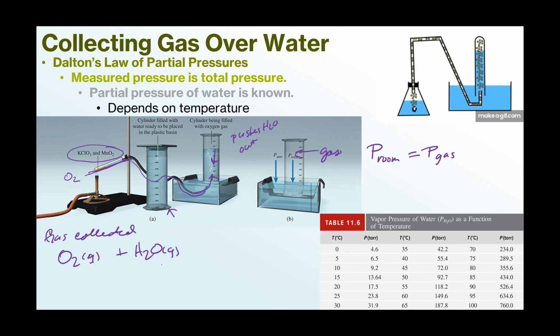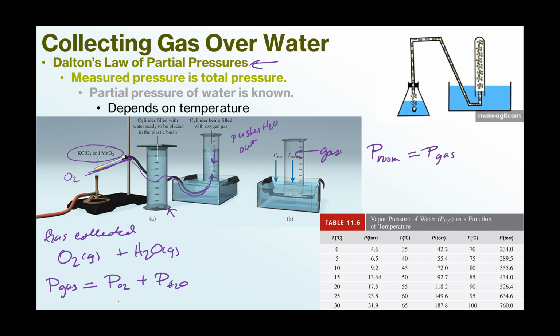So what we've collected is a mix of gases, and when we have a mix of gases, we're going to have to use Dalton's law of partial pressure. So the pressure of the gas that we've collected is the pressure of O2 that we're looking for plus the pressure of the water that came along with it.